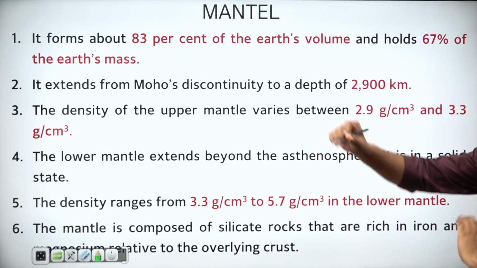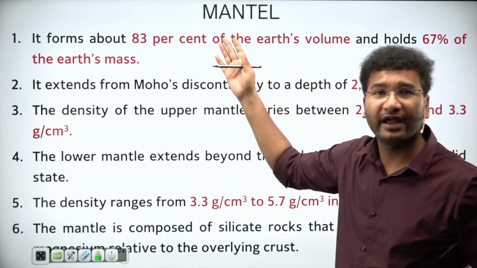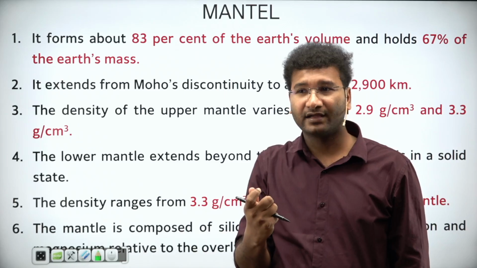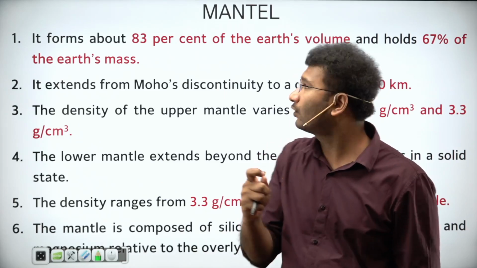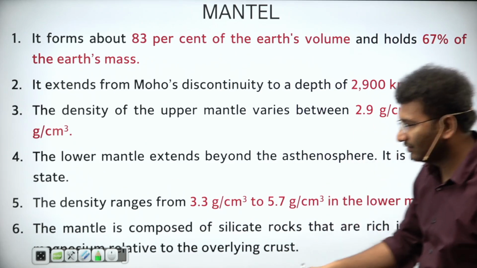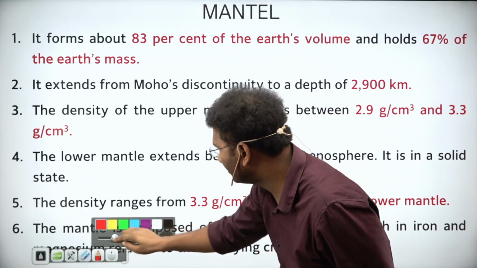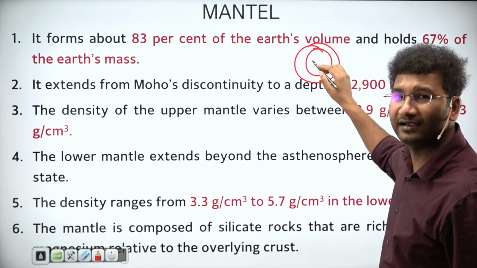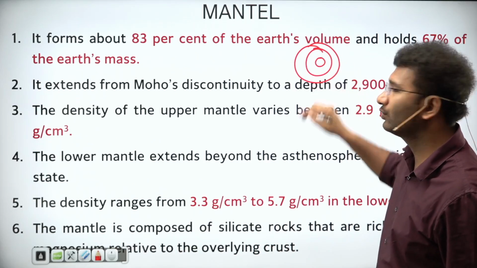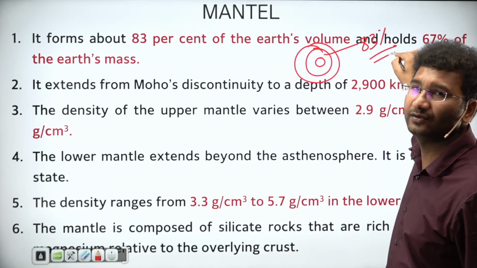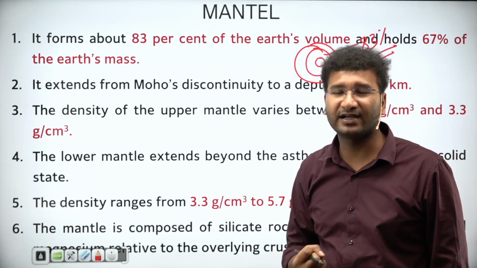See, mantle alone forms near about 83% of the total volume of the earth, right? 83% of the total volume of the earth and 67% of the earth mass. You know that if this is your earth, you have crust, mantle, then you have core. 83% is present in this particular layer as the volume and 67% as the earth mass.